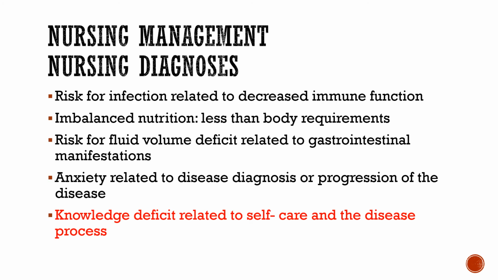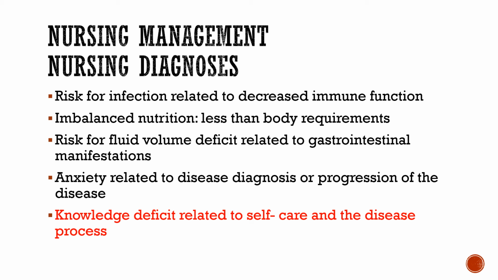So, nursing management and nursing diagnoses. Risk for infection related to the decreased immune function. The immune system is not functioning optimally, so there is an increased risk for infection. Imbalanced nutrition, less than body requirements. Sometimes this is lifestyle.